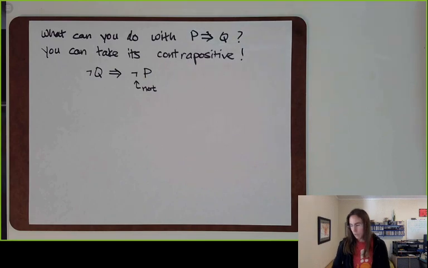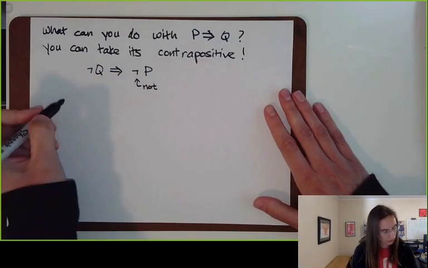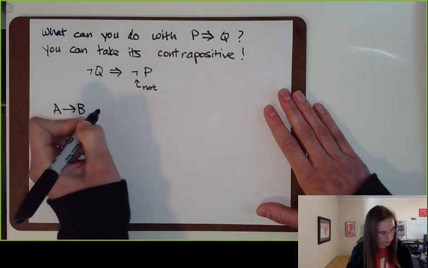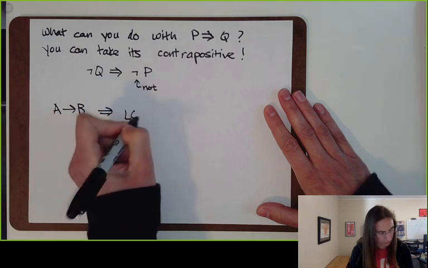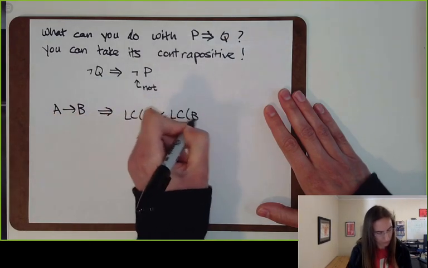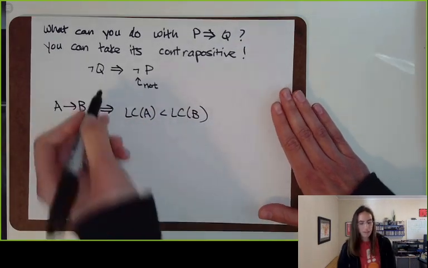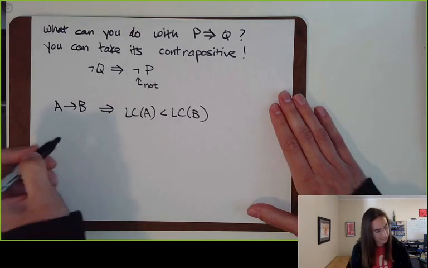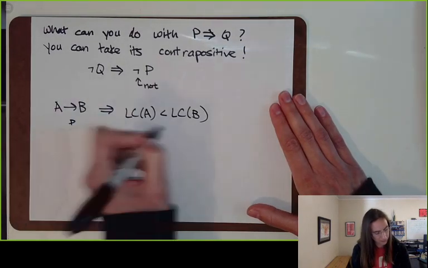So coming back to Lamport clocks, the implication that we had was this: A happens before B implies that the Lamport clock of A is less than the Lamport clock of B. If we plug that in here, this is P and this is Q, right?